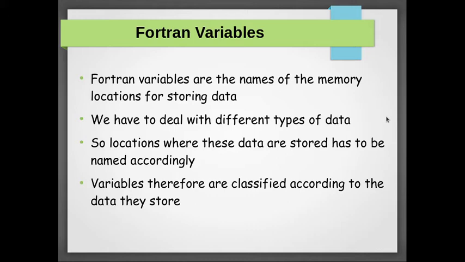Numeric data can be integer without the decimal point or real with the decimal point. So this simply means we have to deal with different types of data. So the location where these data are stored has to be named accordingly. Means if I name a memory location to store an integer kind of data, I can't use the same memory location to store a real kind of data.